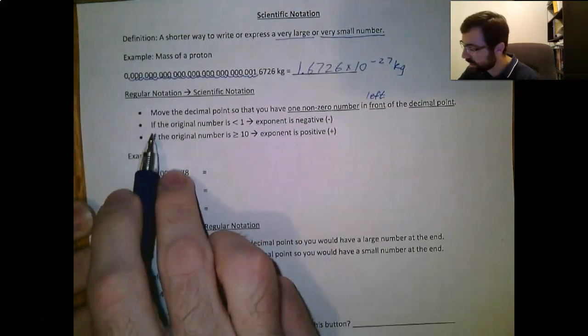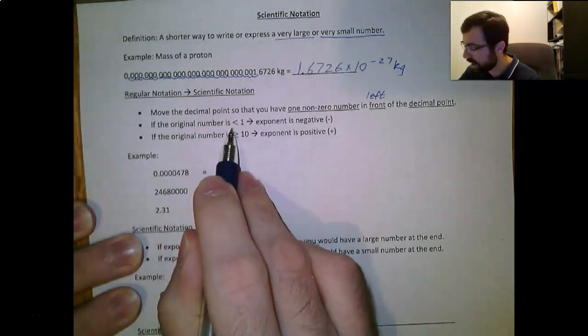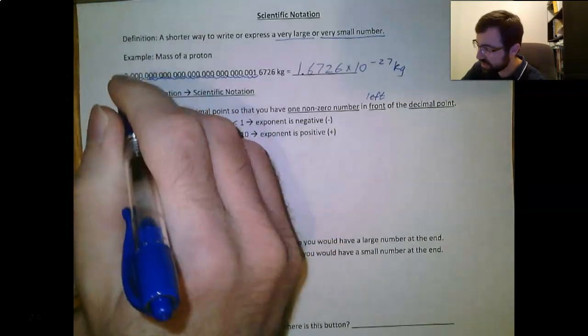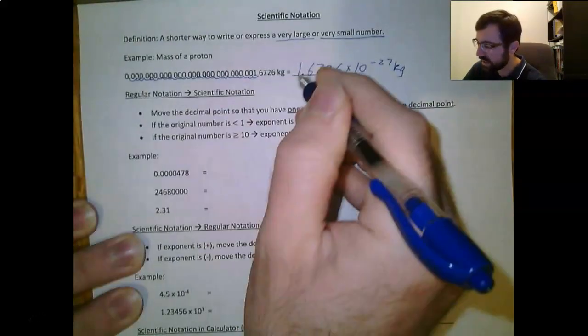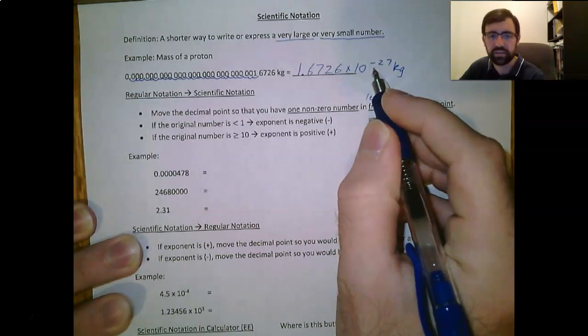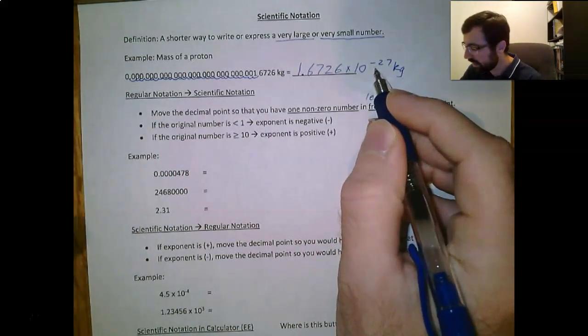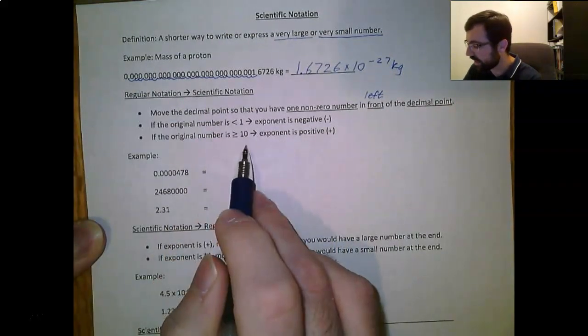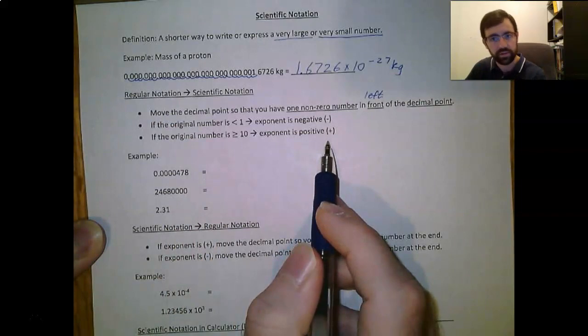If the original number is smaller than 1, the exponent will be negative. So this number here is definitely smaller than 1, so the exponent has to be negative. That's how I knew that was a negative exponent, not positive. If the original number, the regular number, is greater than 10, the exponent has to be positive. Let me flip my paper over real quick.